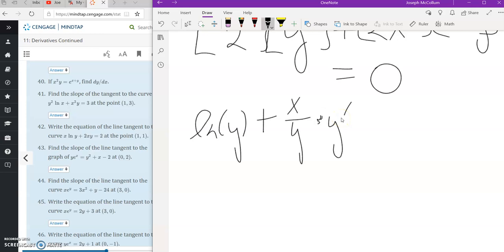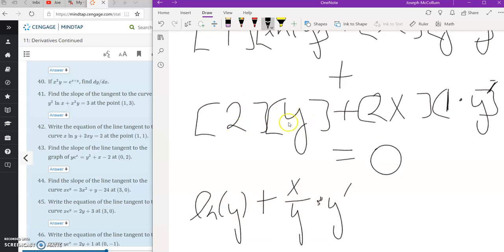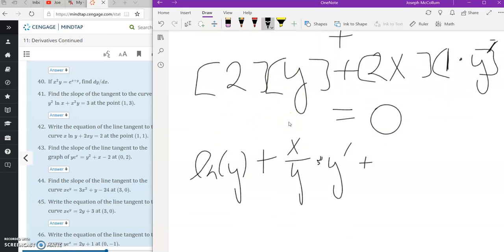All right, 2 times y is 2y. And then 2 times x times 1 y prime, you smush it together, and you get 2xy prime. And that equals, sorry for crunching this in there, 0.